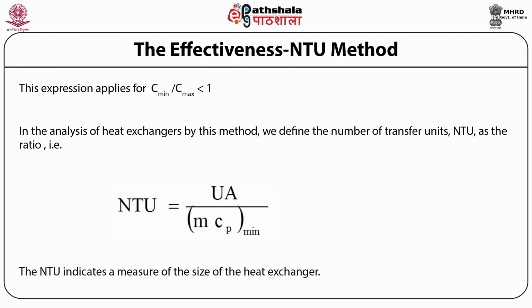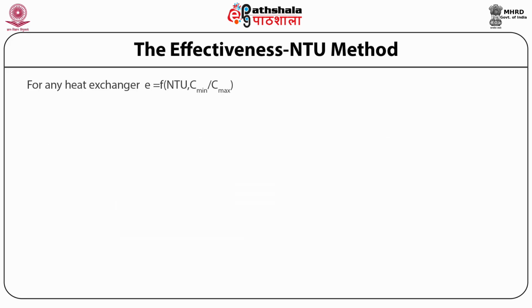The NTU indicates a measure of the size of the heat exchanger. So, for any heat exchanger, effectiveness is a function of NTU and the ratio of C minimum and C maximum. So, effectiveness equal to NTU divided by 1 plus NTU when C minimum divided by C maximum equal to 1.